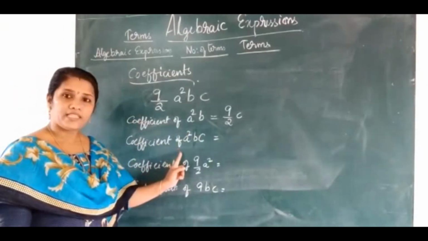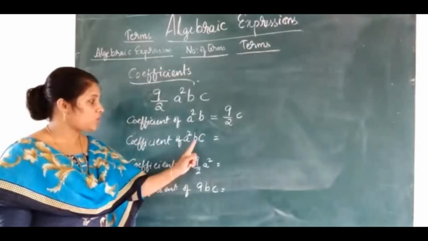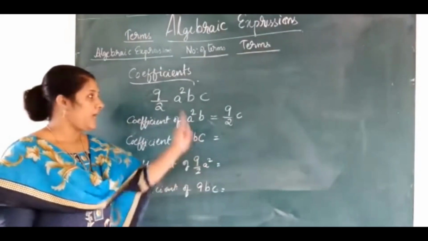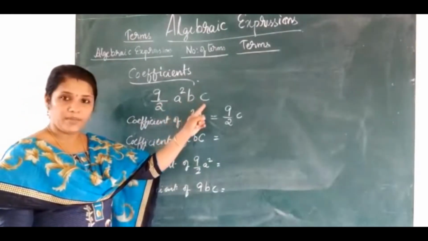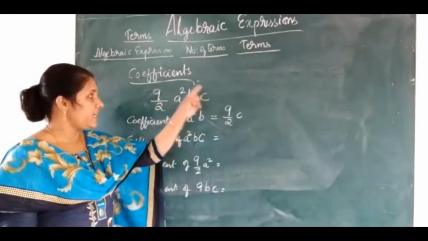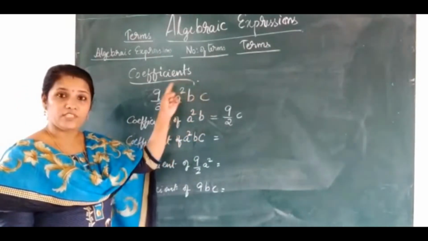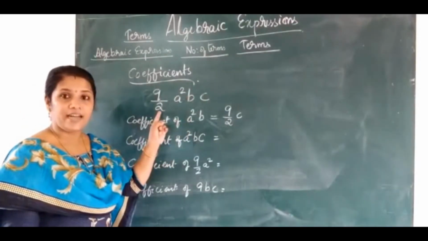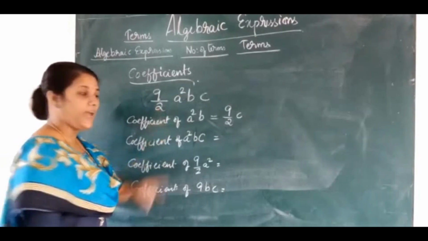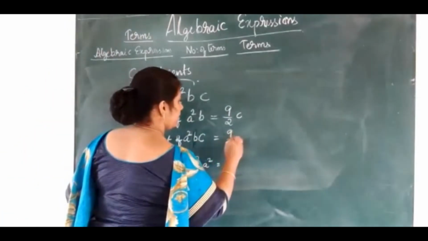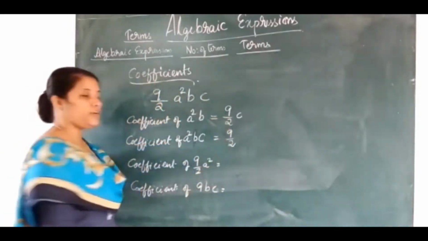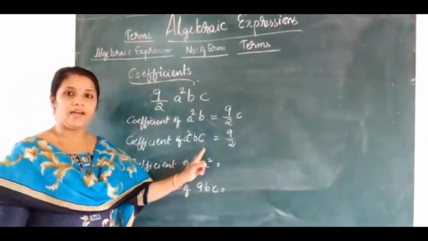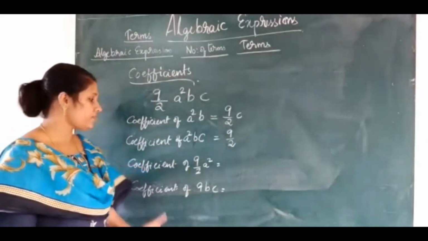Next one. What is the coefficient of a square bc? 9 by 2 a square bc. We consider a square bc. The remaining factor is 9 by 2. So 9 by 2 is the coefficient of a square bc.